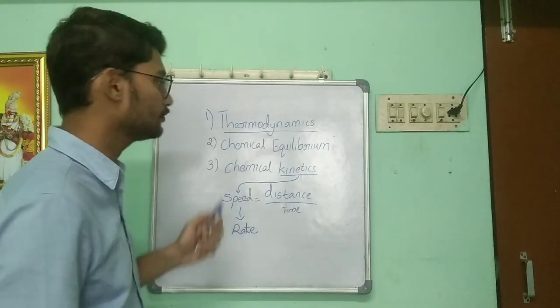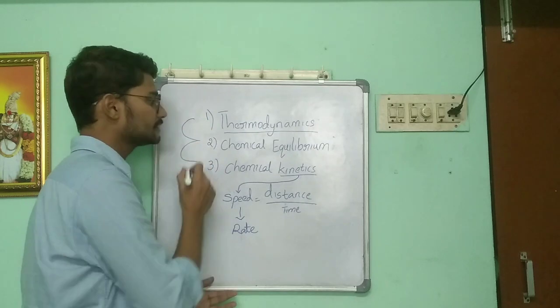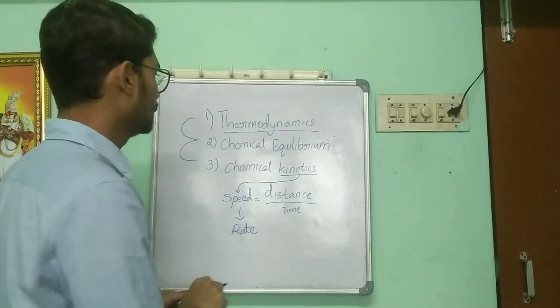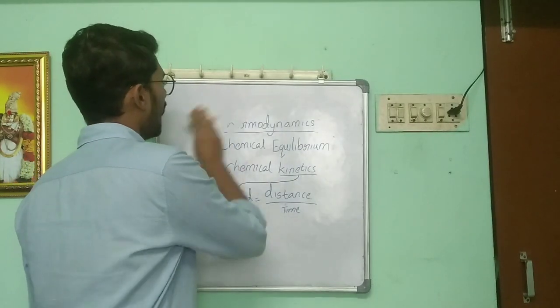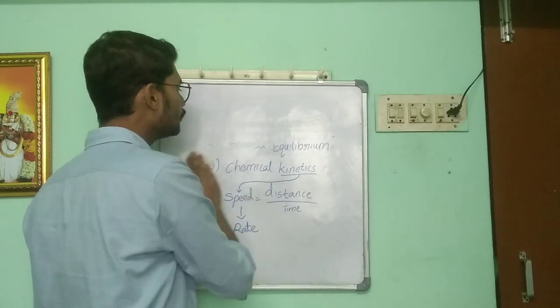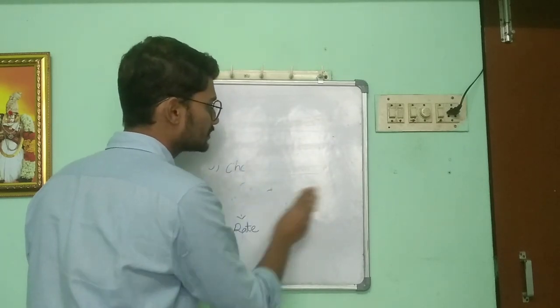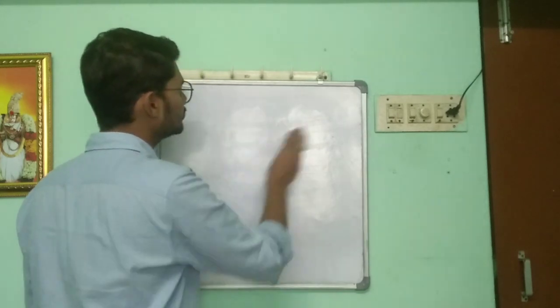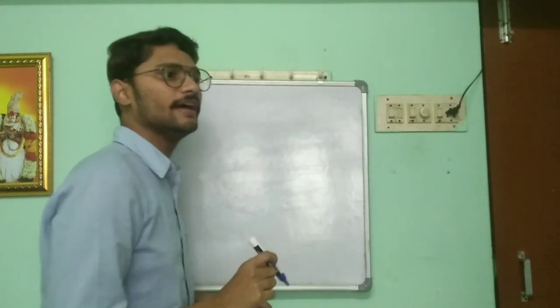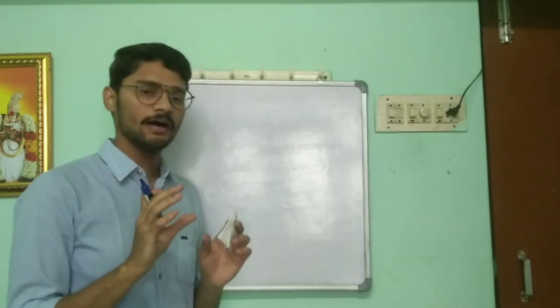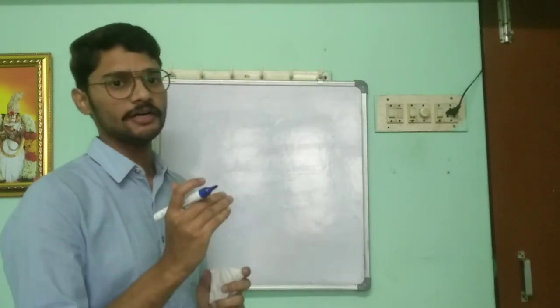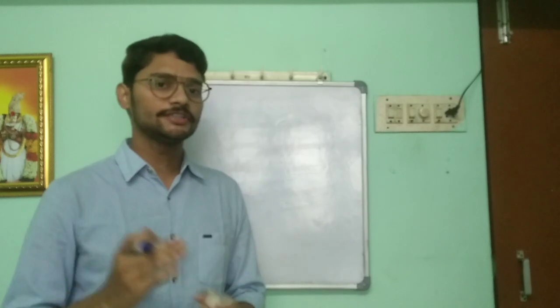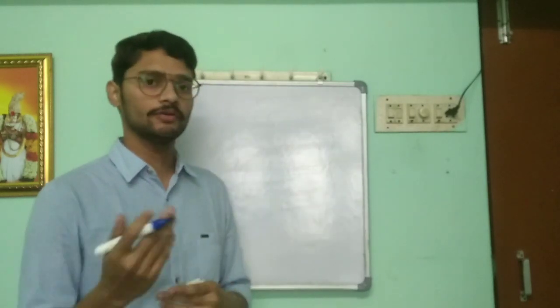Now let us correlate these three topics using a real life example. I am sure that everyone knows about corrosion of iron, or rusting of iron. You might experience this in your daily life as well. Wherever you see some iron material, it will get corroded on exposure to the moisture or air around it.